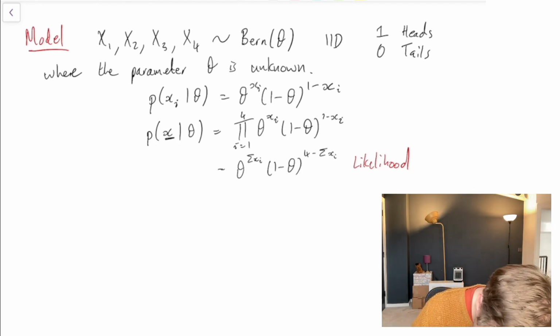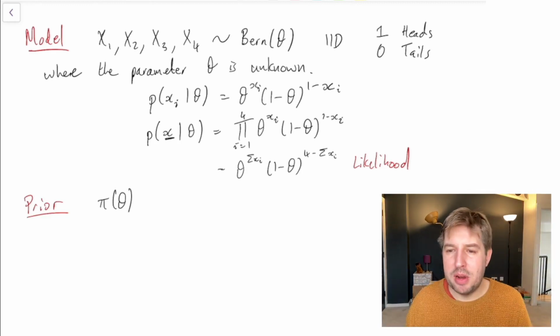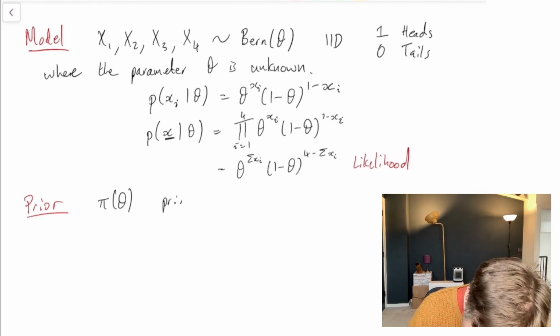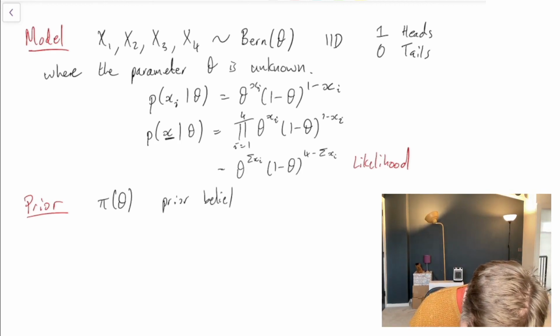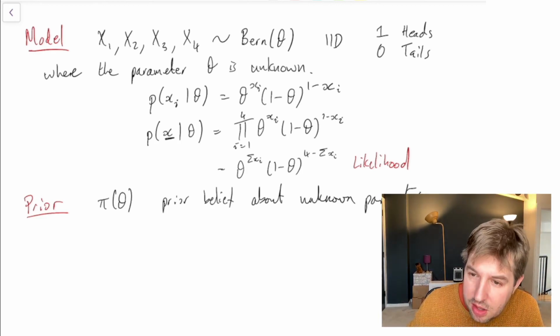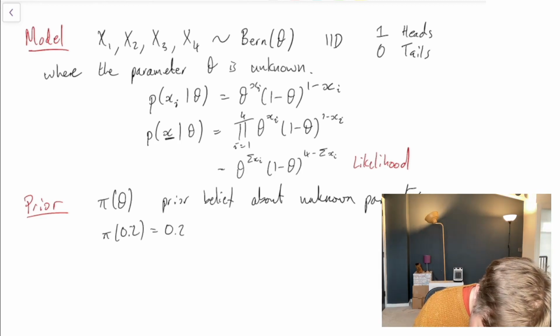And we also came in with our prior belief, where we're going to write pi of theta for our prior belief about the unknown parameter theta. And so in our particular case, we said that we thought it could be 0.2 with probability 0.2.